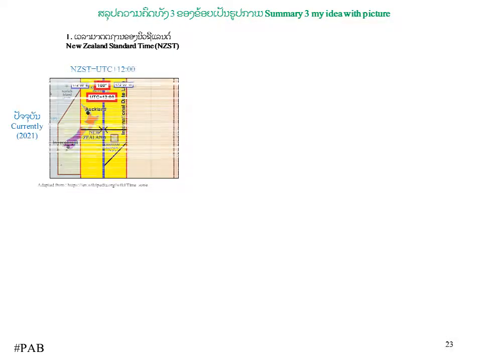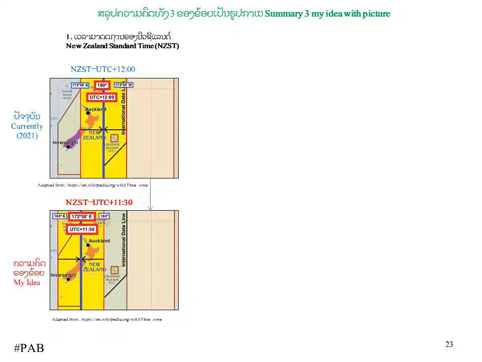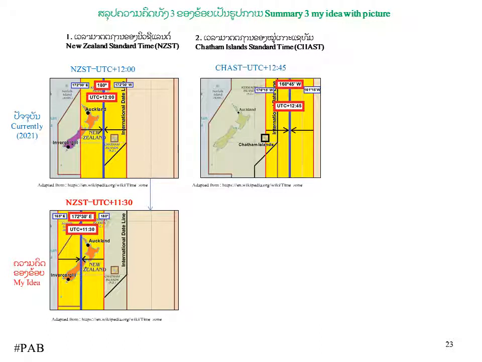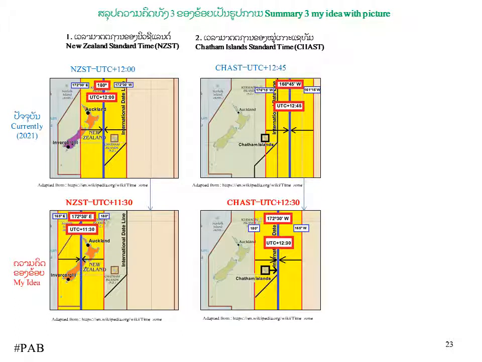Summary of my idea with a picture. One: New Zealand Standard Time, currently UTC plus 12 hours, changes to UTC plus 11 hours 30 minutes. Two: Chatham Islands Standard Time, currently UTC plus 12 hours 45 minutes, changes to UTC plus 12 hours 30 minutes.